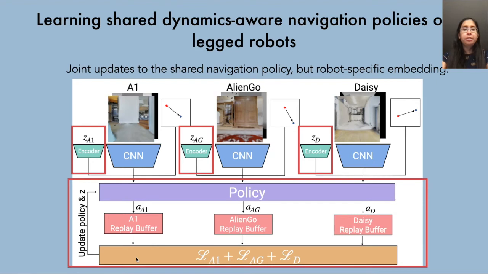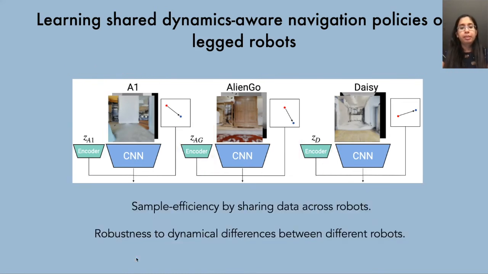This leads to a training approach in which the navigation policy is shared across robots, but at the same time, we also learn robot-specific embeddings. And this has several advantages. One, it increases sample efficiency because now you're using off-policy training from data across multiple robots.